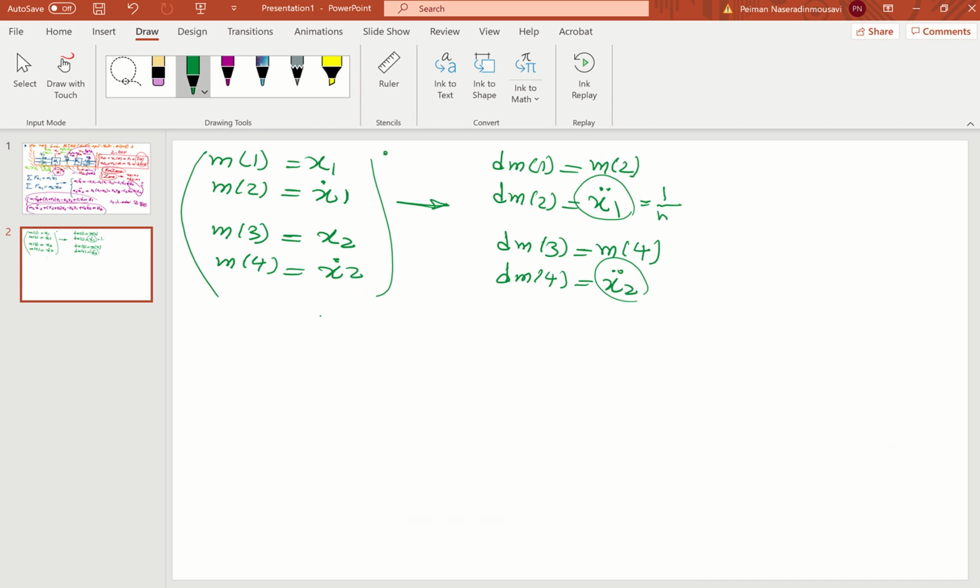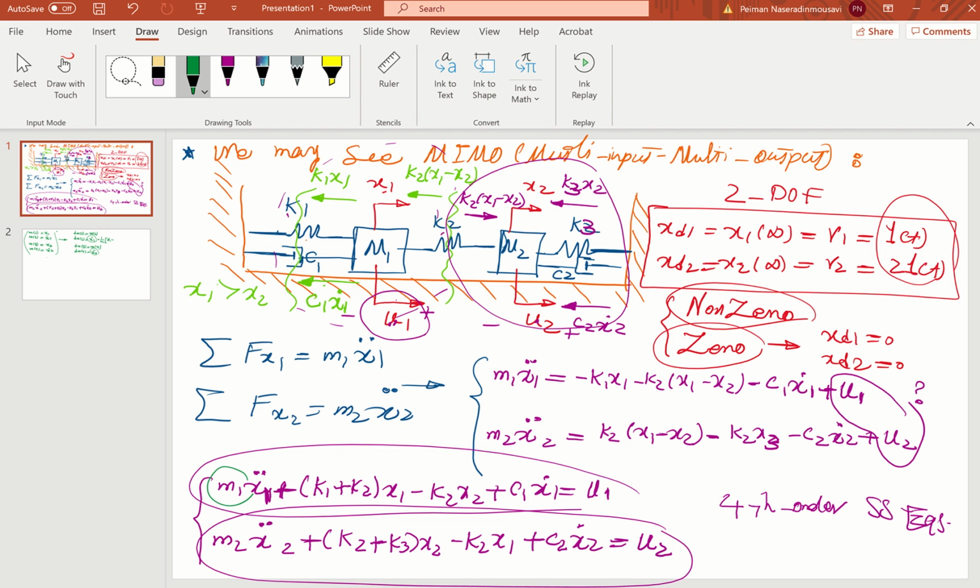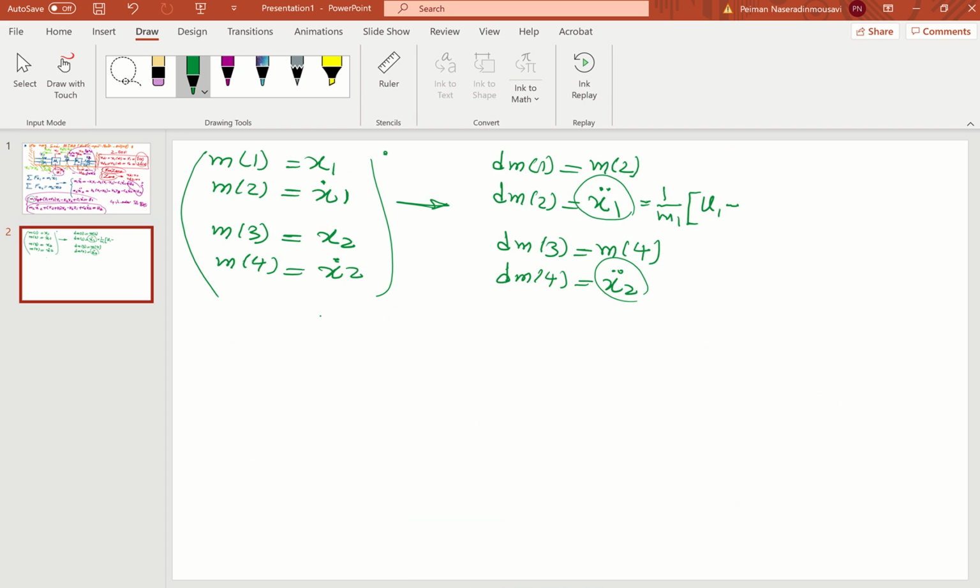Dividing both sides by m1: u1 over m1 minus k1 plus k2 in x1. x1 is m1. Here we go.